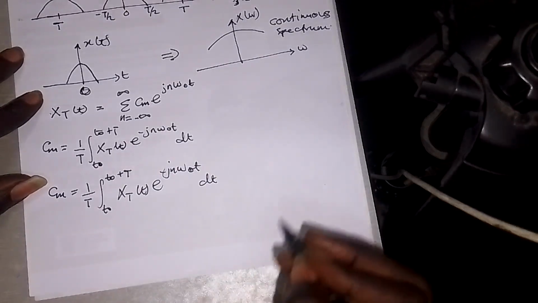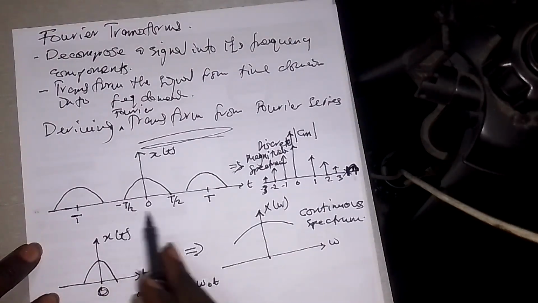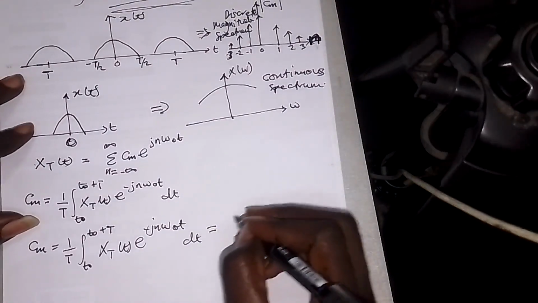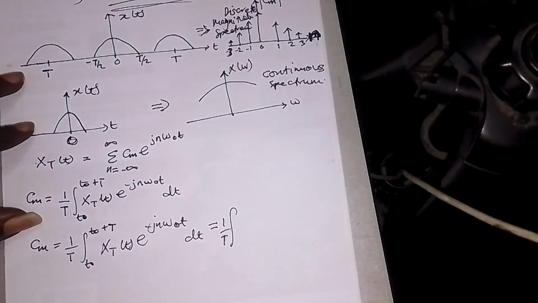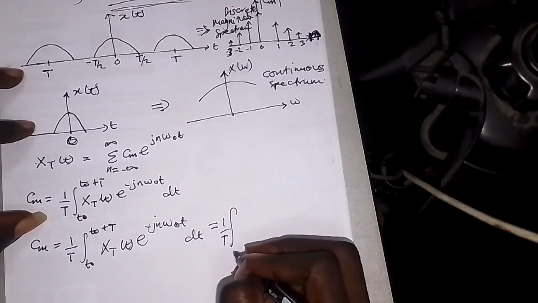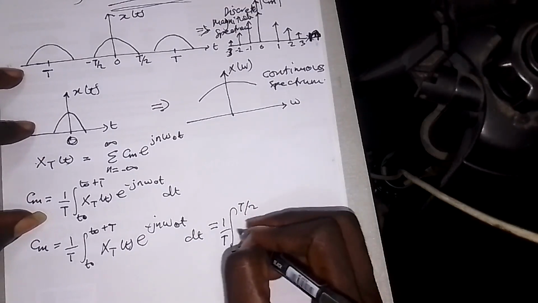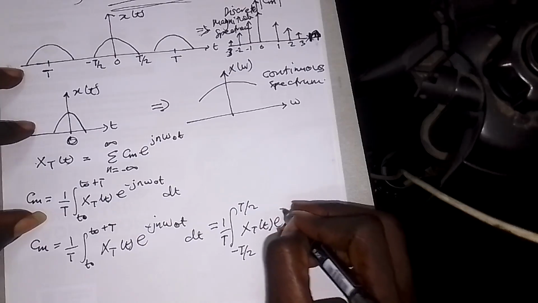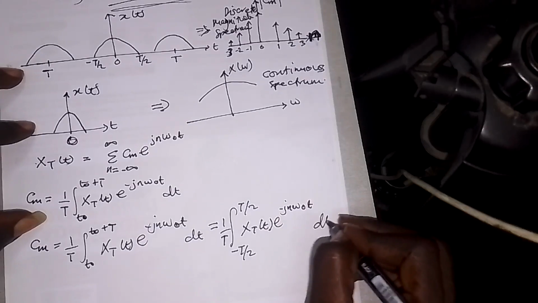Because I have put here minus T on 2 and T on 2, let me introduce that limit into my equation. So 1 over T here, and here I'm going to have minus T on 2 to T on 2, and then x_T of t into e to the minus j n omega naught t dt.